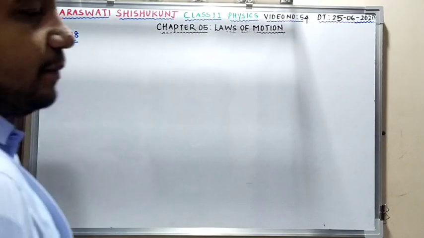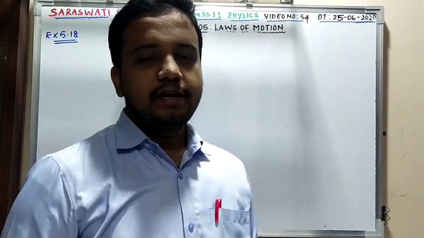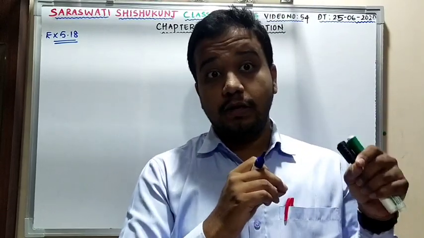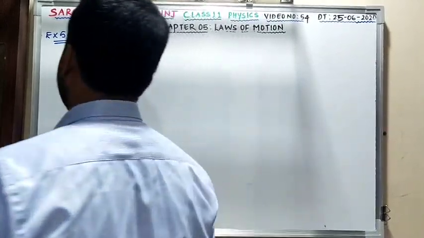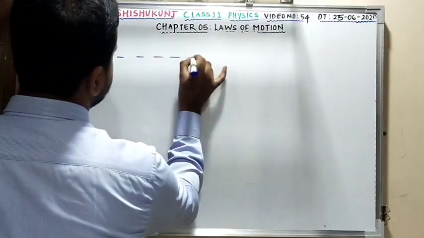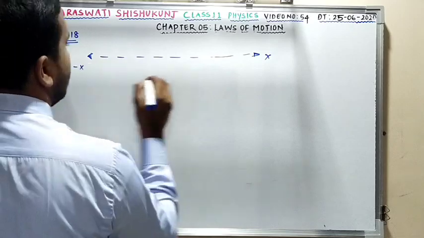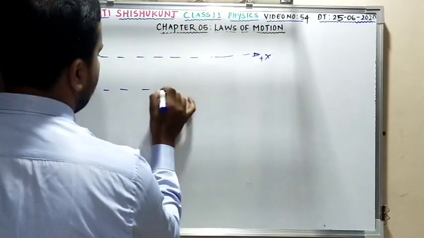In example 5.18 they have given two billiard balls. Billiard balls means, have you seen the balls that we have in the game of pool? Those small balls are billiard balls. Very nice example. We can consider the plus x and minus x axis.